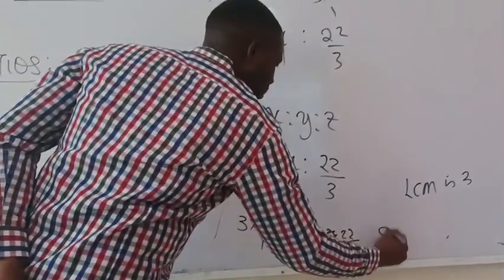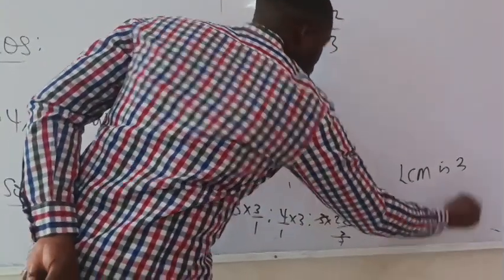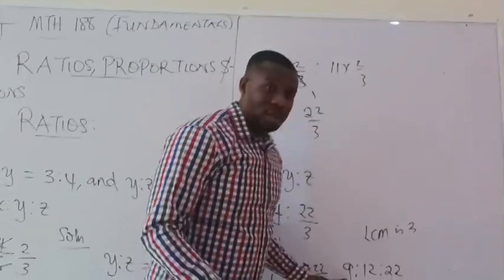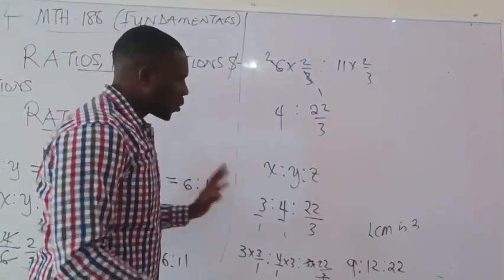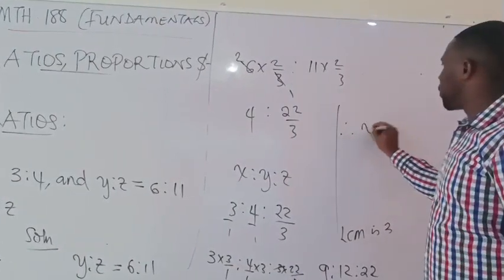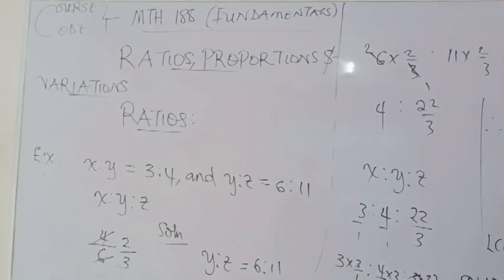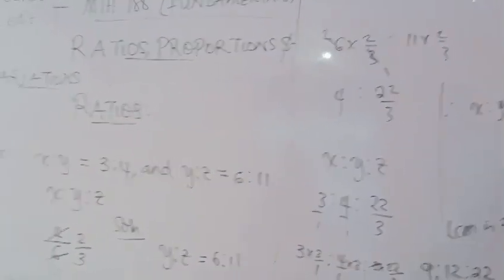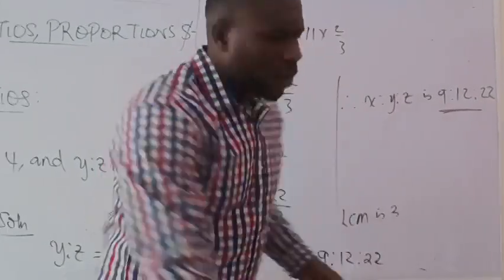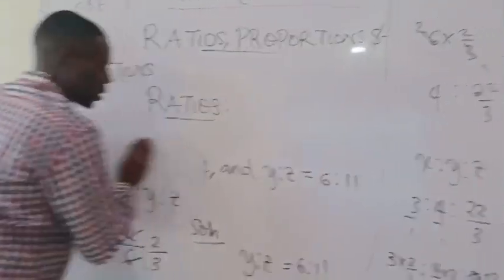I have a 9, a 12, and a 22, and no common factor can divide these 3 terms all together. So therefore, the ratio x to y to z, given those two pairs of ratio, would be the ratio 9 to 12 to 22.